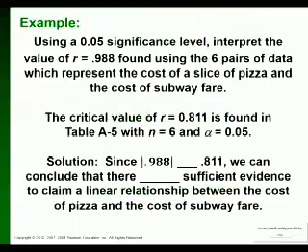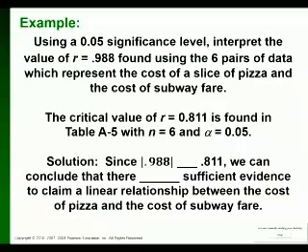We're just going to use the value of R that we found on our calculator a minute ago. The R is 0.988. And we're going to use the critical value for 6 ordered pairs and a significance level of 0.05. That was the value we just got off the table, 0.811.